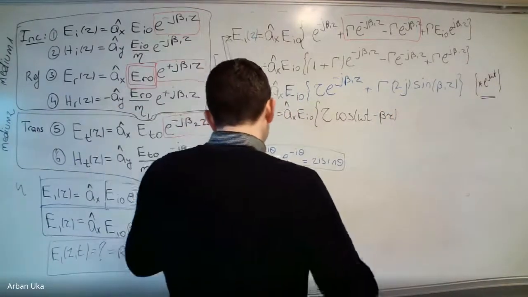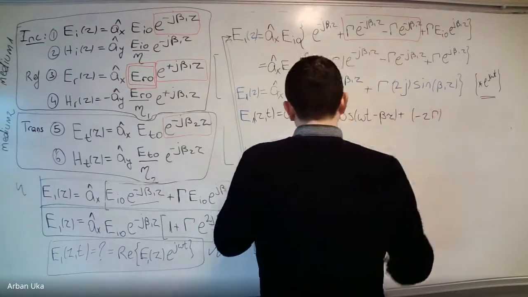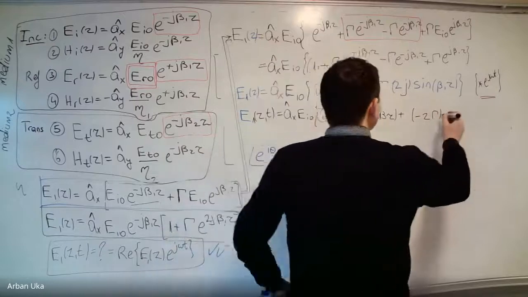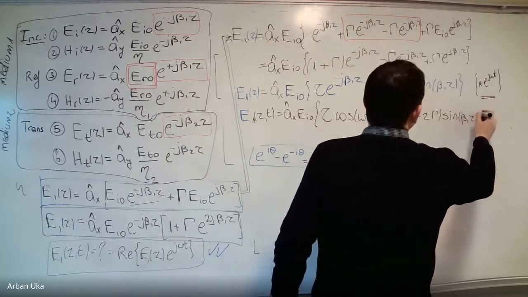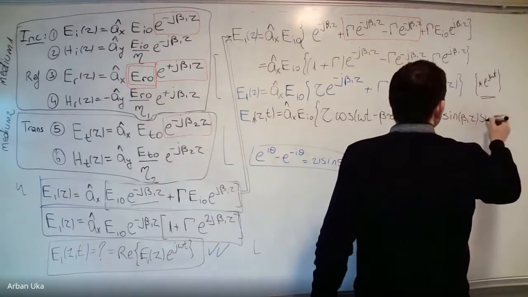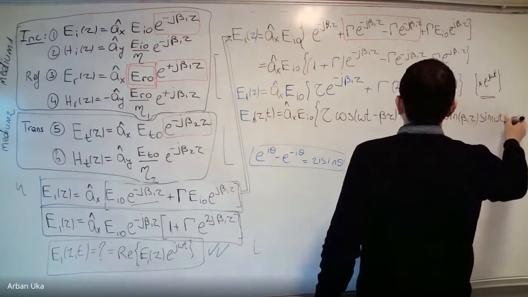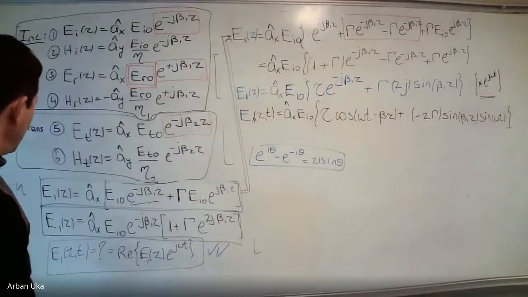And then plus minus 2 times the reflection coefficient, sine beta 1 z times sine omega t. Okay, we achieved it.